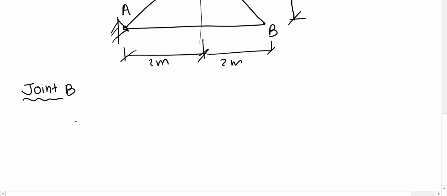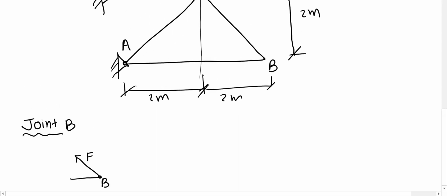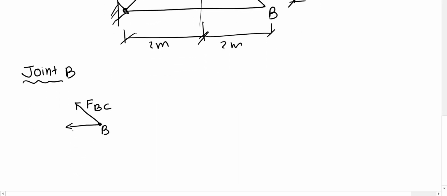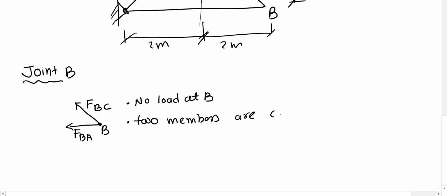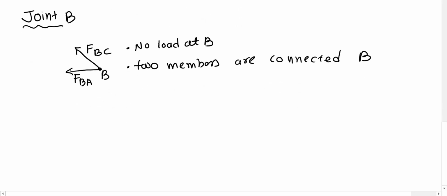If I draw the joint B here, and if I have a force of, let's say, BC and a force of BA, I can see there is no load at B, and there are 2 members connected at B. Now this is the perfect recipe for zero forces. You can see these are 2-member joints, and there is no load at point B. So FBC equals 0 and FBA equals 0.